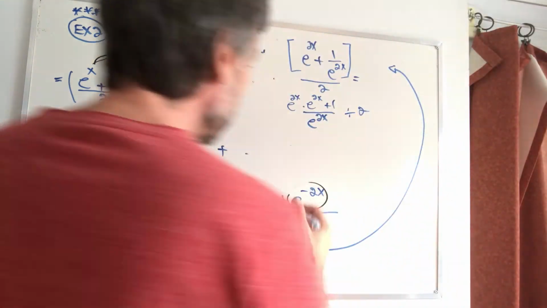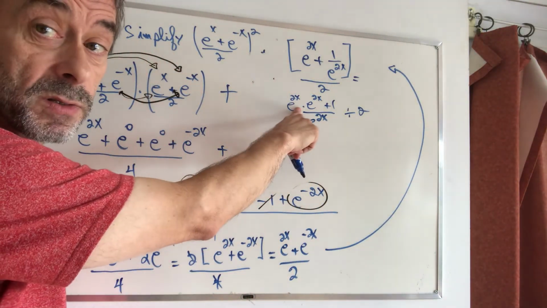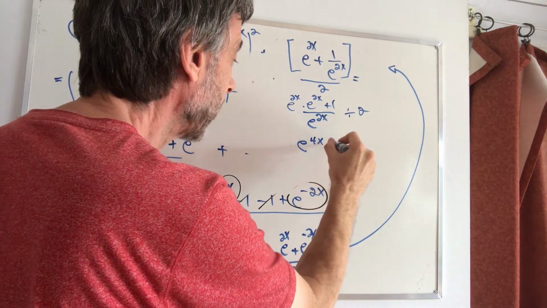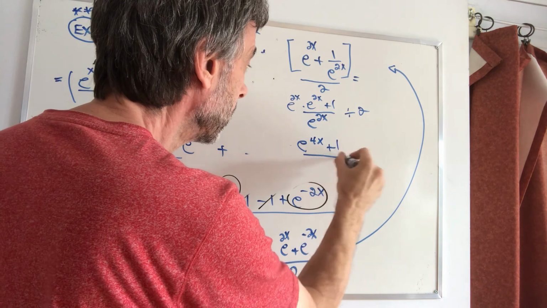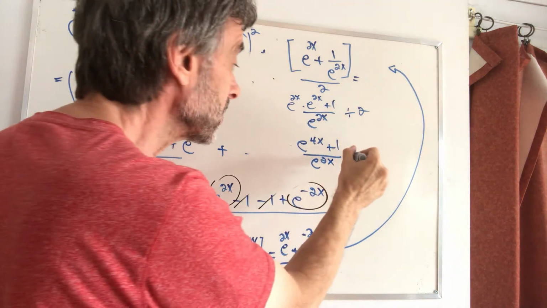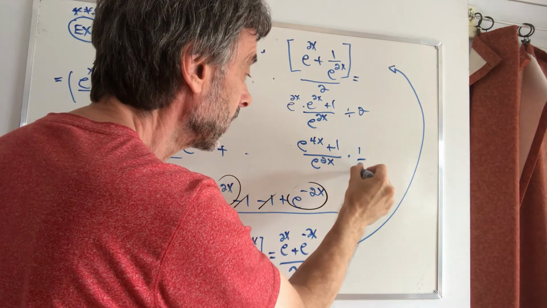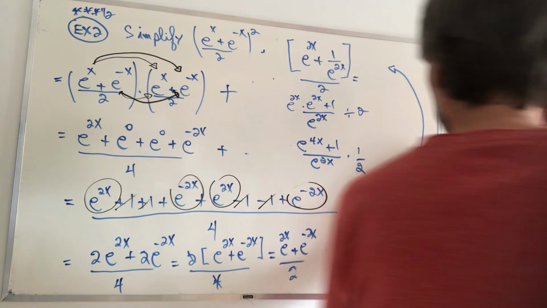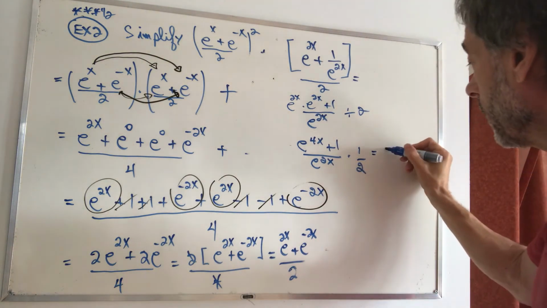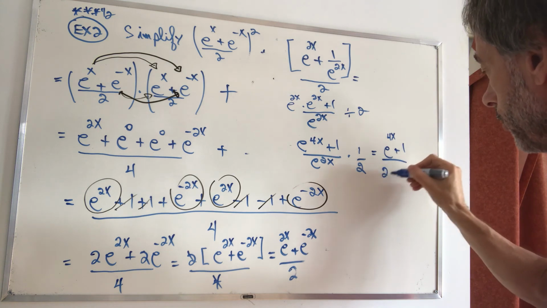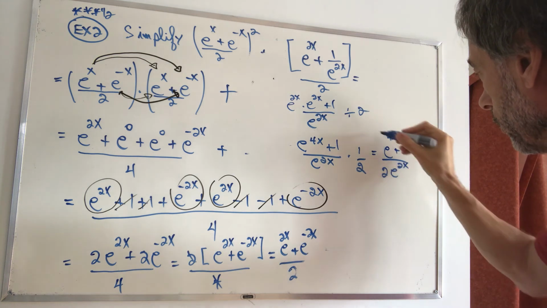So that means what? Again, same base, add the exponents. (e^(4x) + 1) over e^(2x). And division by 2 means multiplication by 1/2, which gives us our final answer right here. (e^(4x) + 1) over 2e^(2x).